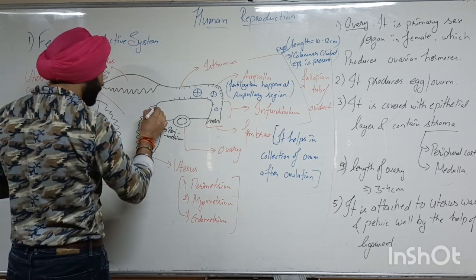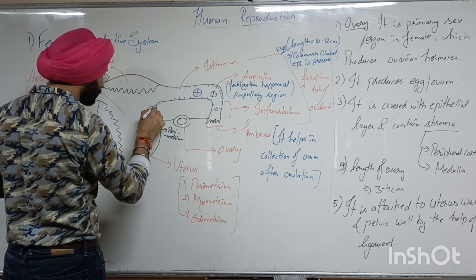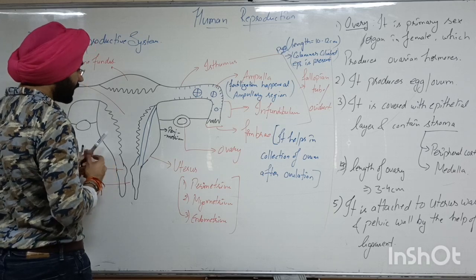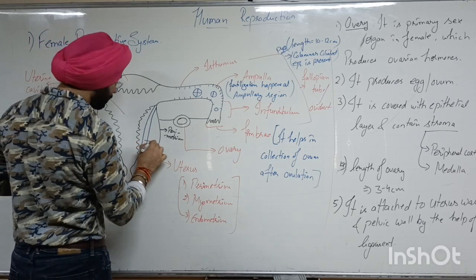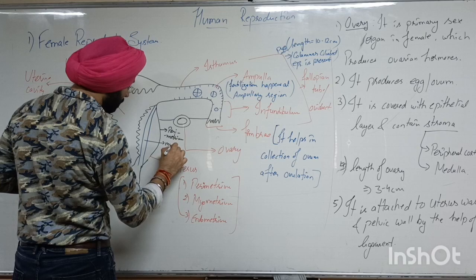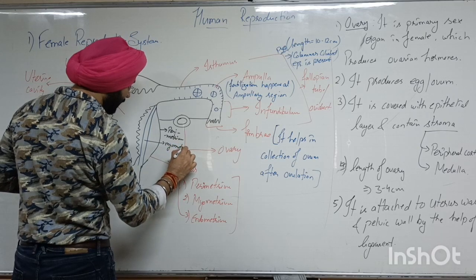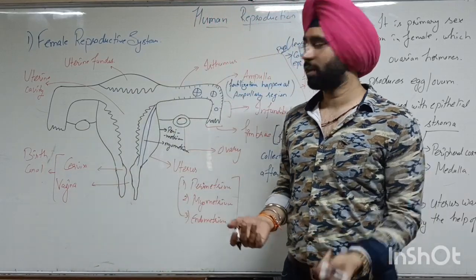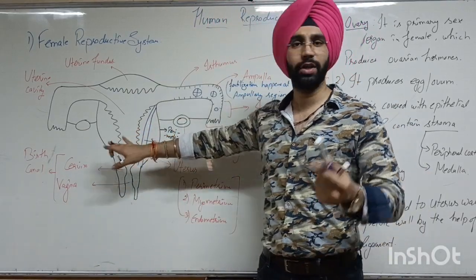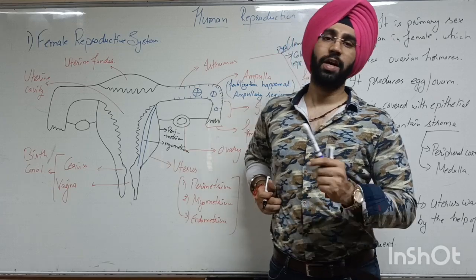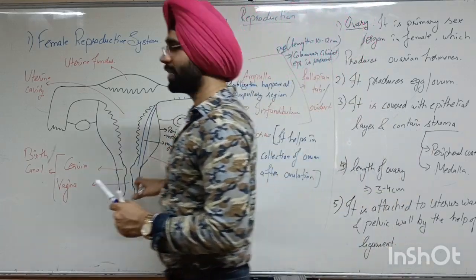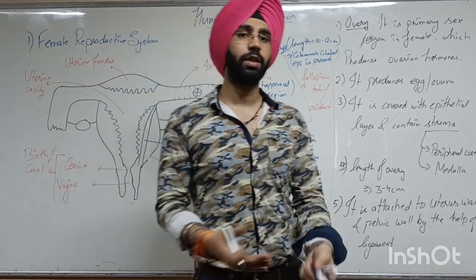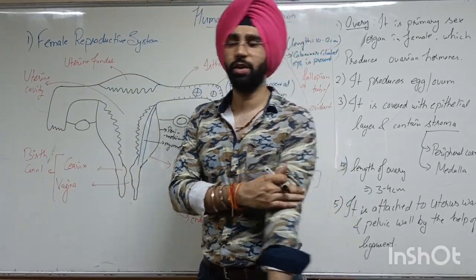There is a layer inside this, known as the myometrium. The myometrium is made up of smooth muscles, and these smooth muscles are responsible for rhythmic contraction at the time of parturition, which will help in delivery of the baby.